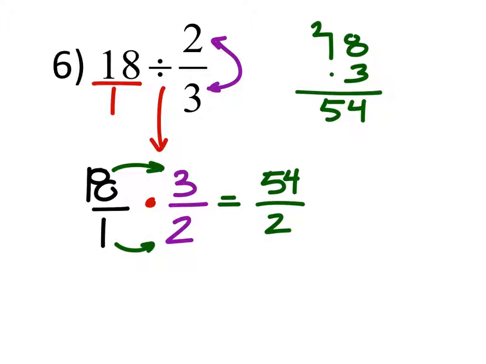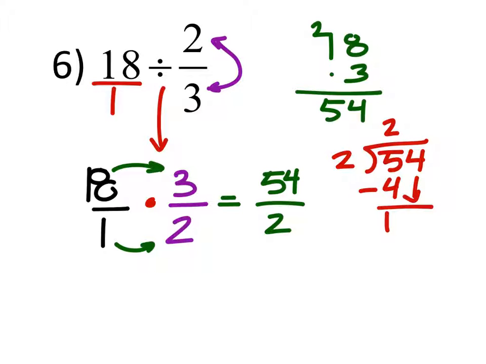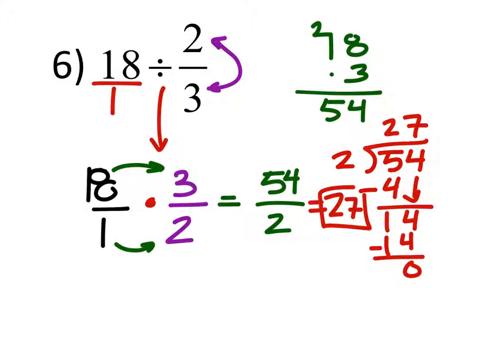And then this can be simplified because both of these are even, so it's 54 divided by 2. 2 goes into 5 twice, that leaves me with 1, and so I'm looking at 14. 2 goes into 14 7 times, which leaves me with 0. So my final answer from this division is 27.